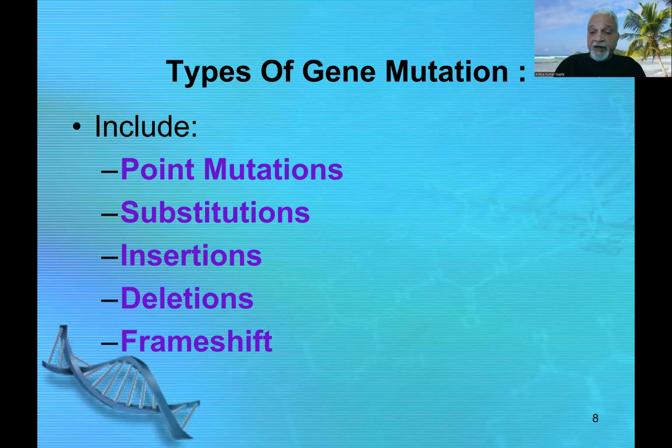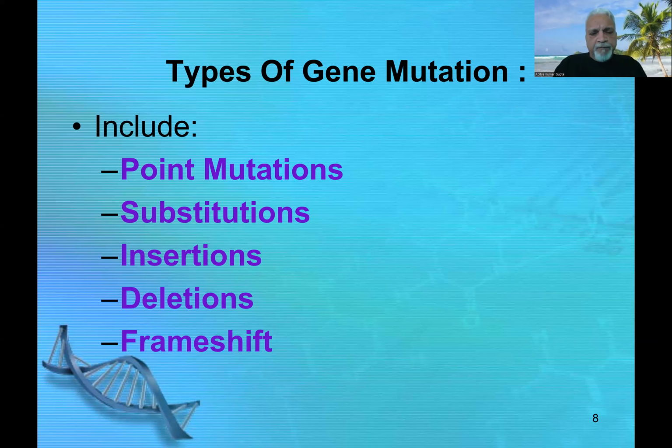If we know what kind of change a gene has undergone, it is either a point mutation, substitution, insertion, deletion, or a frame shift. I will take one by one all these 5 types of events and explain to you what they actually mean.